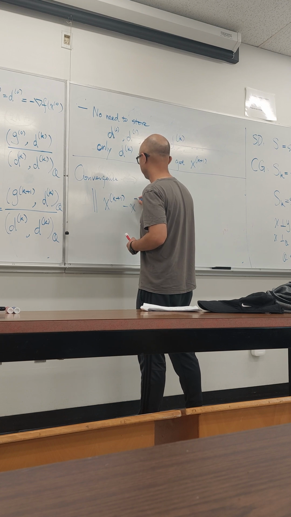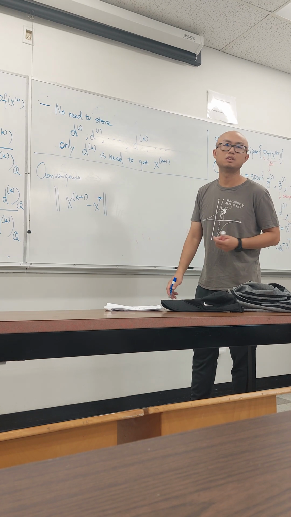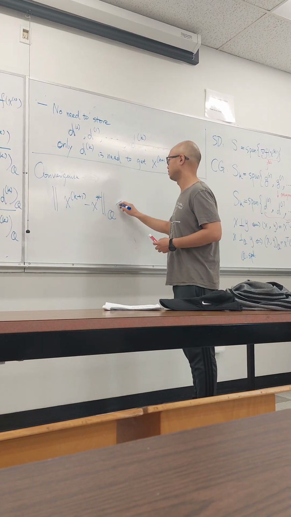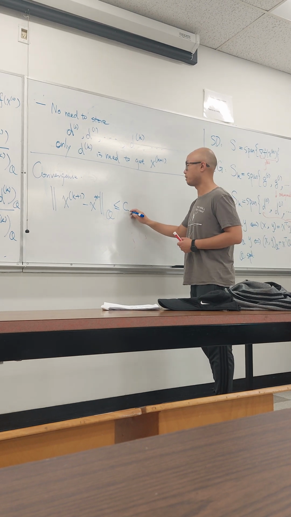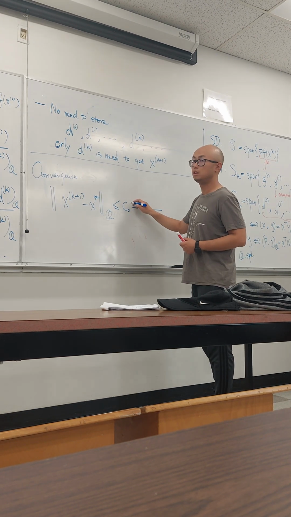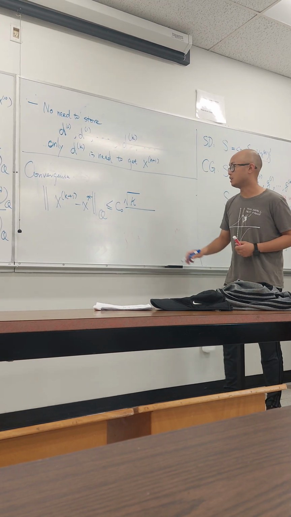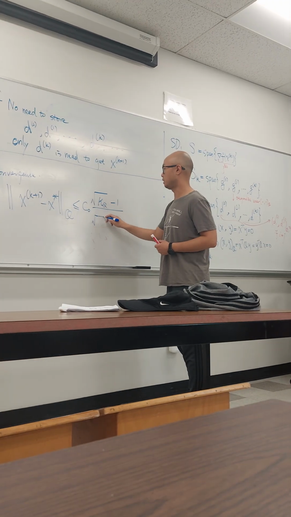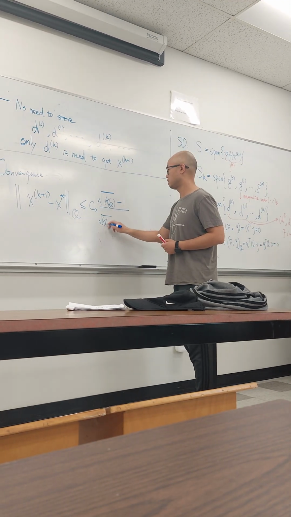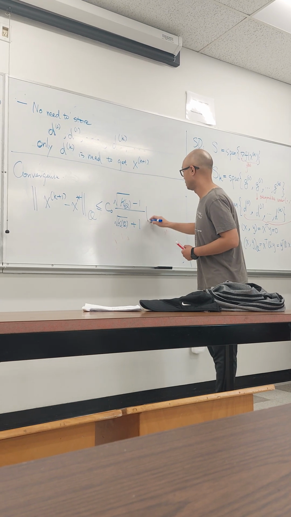In fact, it's even written in the same format. This time we multiply by a constant: the square root of kappa minus 1 over the square root of kappa plus 1, where kappa is the condition number.